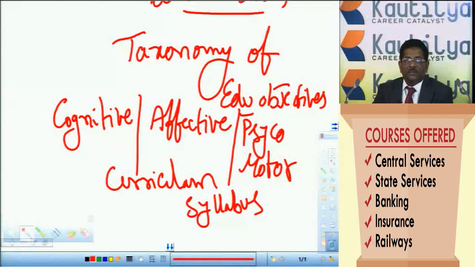When we consider the functions of the school, school must be able to provide both academic activities as well as non-academic activities. That means, in addition to providing syllabus, the school must look after co-curricular activities, extracurricular activities, and other events, important day celebrations. All these things come under the concept of curriculum.